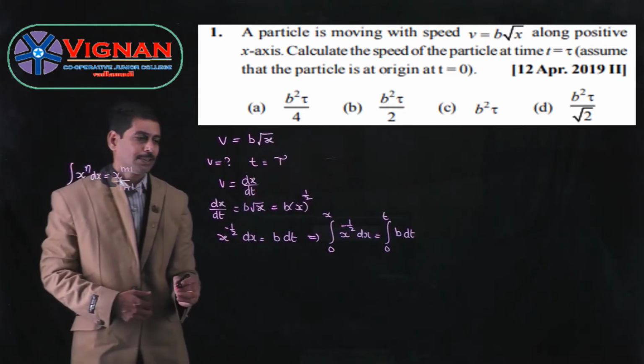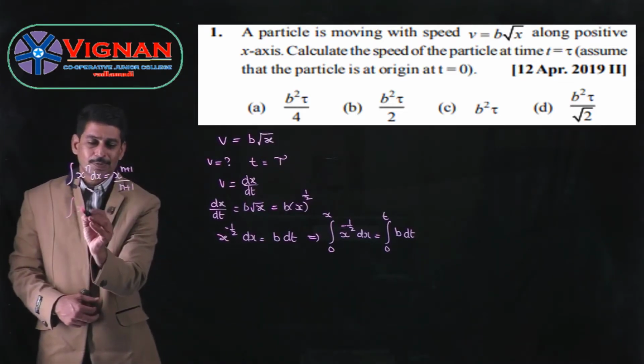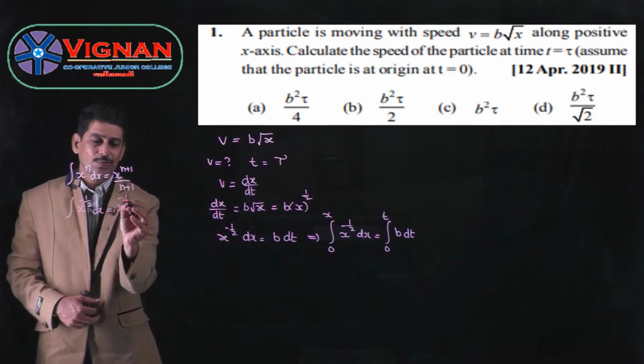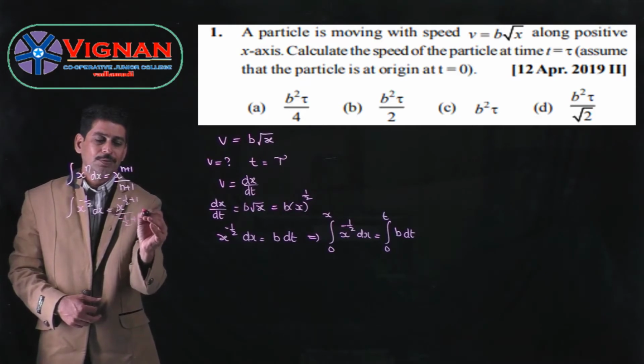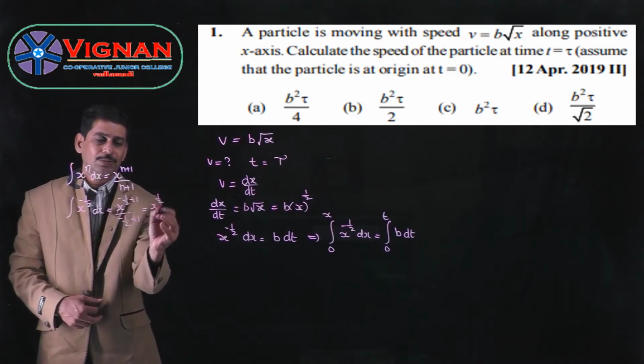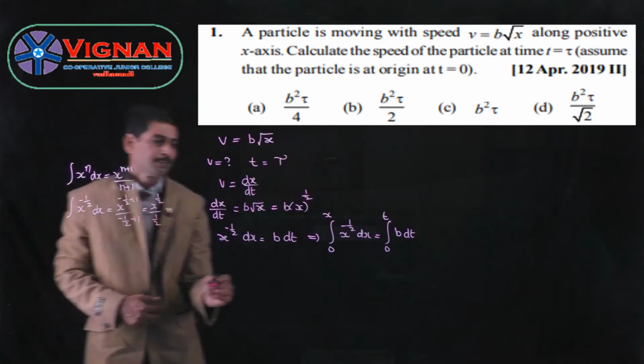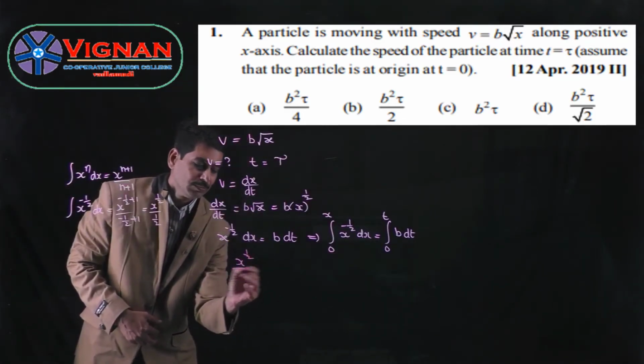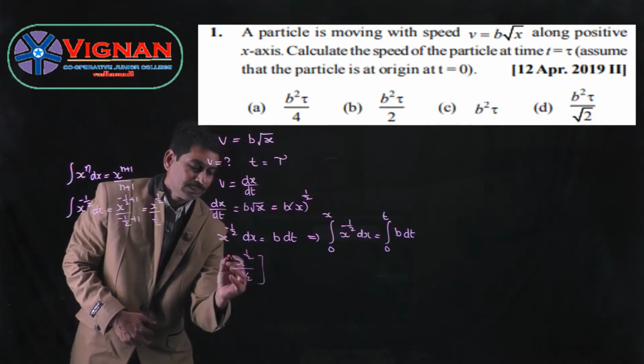From this equation, to integrate x power minus 1 by 2 into dx, we get minus 1 by 2 plus 1 in the denominator, which is nothing but x power 1 by 2 by 1 by 2. So here we get x power 1 by 2 by 1 by 2 between the limits 0 to x.